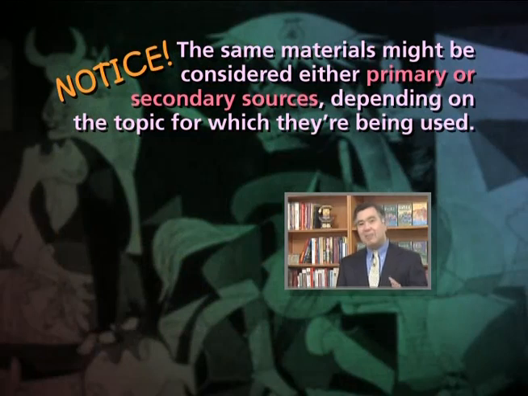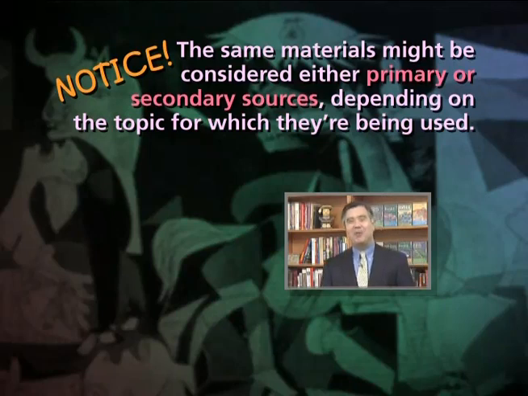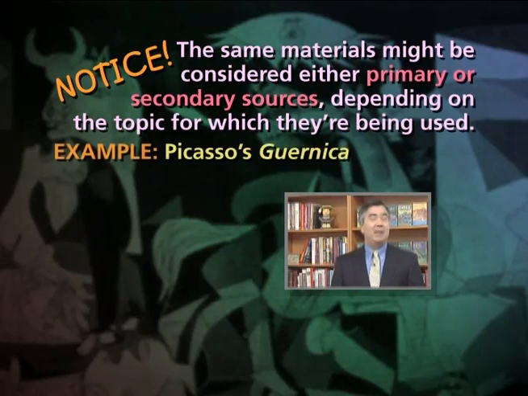Notice that the same kinds of materials might be considered either primary or secondary sources depending on the topic for which they're being used. Here's an example. Suppose you were writing a paper for an art history class about the famous anti-war painting by Pablo Picasso called Guernica.